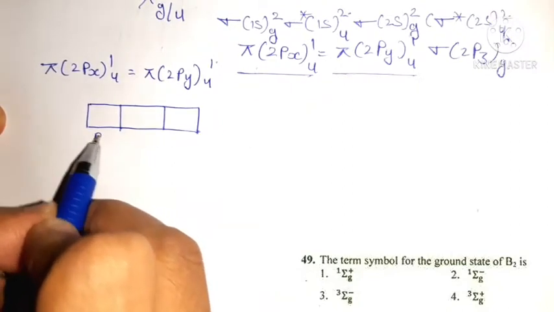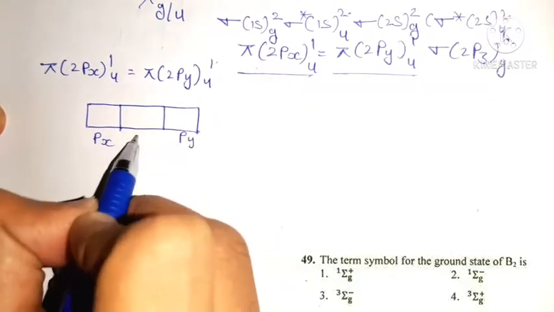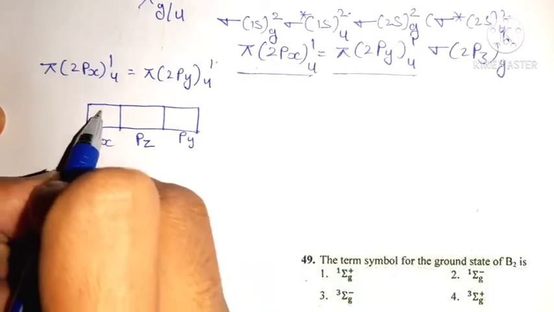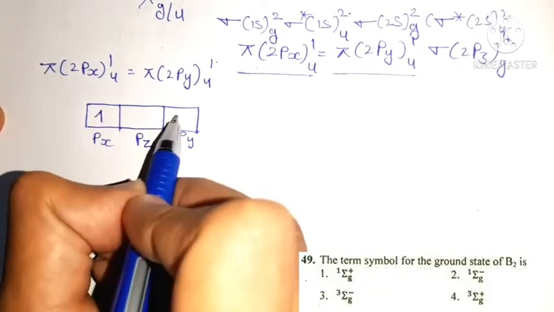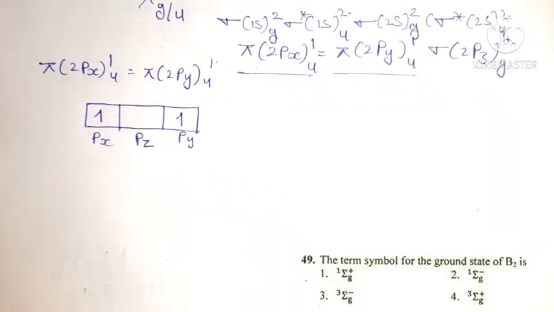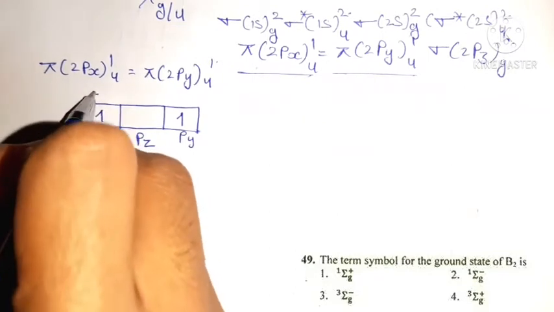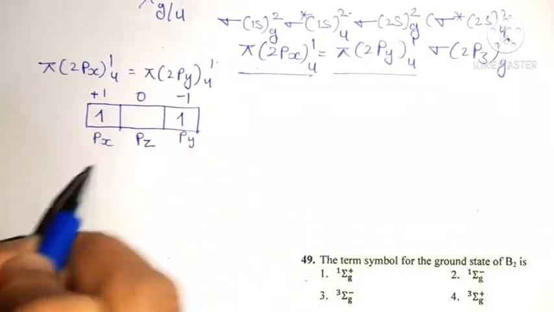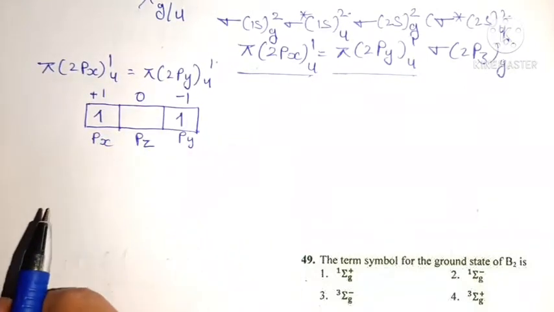This is px, this is py, and this is pz. One electron is present in px and one electron is present in py. The L values of these orbitals are +1, 0 and −1.